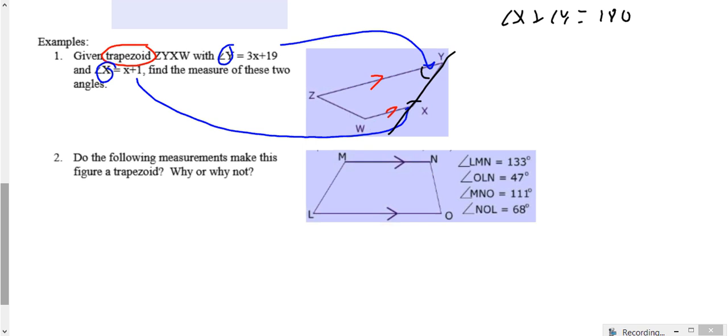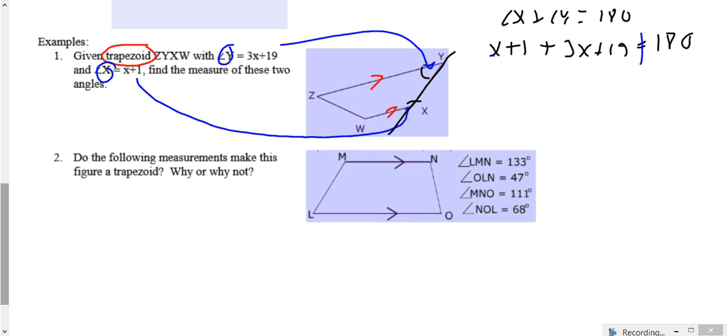Now instead of x and y, we want to use x plus 1 and 3x plus 19 because that's what each angle represents. And this is our equation that we would solve. Now the algebra I'm not concerned about. I know you guys can do that, so I'm going to do this kind of quick, but here's your equal sign.